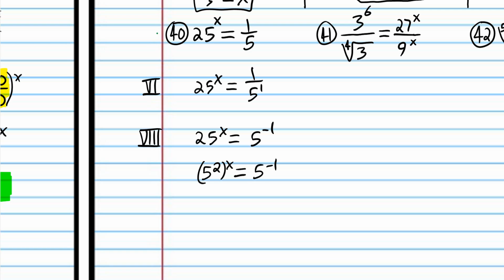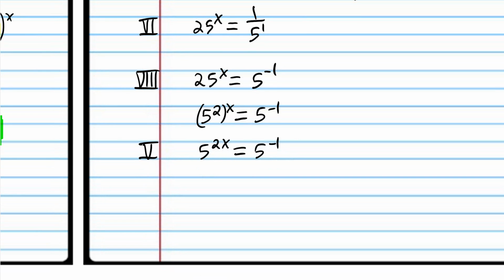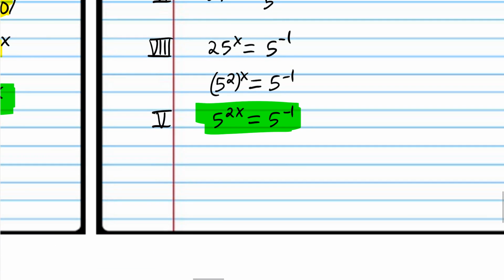That's not really a rule. We're just changing the form of that. And now I'm going to use rule number 5. Raising a power to another power, you just multiply the exponents. And now we're at the critical stage where the bases are the same and the powers are equal. So we can get rid of the bases, and x is equal to negative 1/2 just using basic algebra.